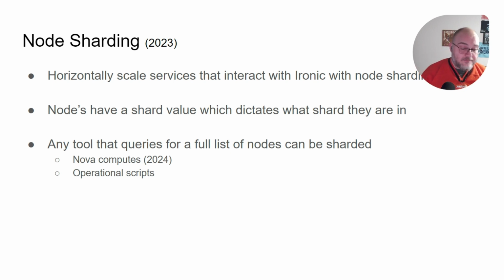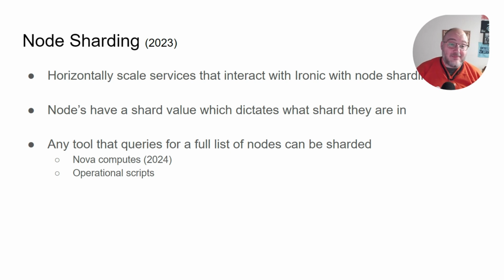We added a value of node.shard to that node object, and you can set it to an arbitrary string. And when you have that shard set to an arbitrary string, you can then query on that. It's very well indexed. And so the idea here is that, let's say you have 10,000 nodes, you can put those in 5 different shards, set up 5 different Nova computes that are all pointing to each shard independently, and then each Nova compute is only managing a subset of those.